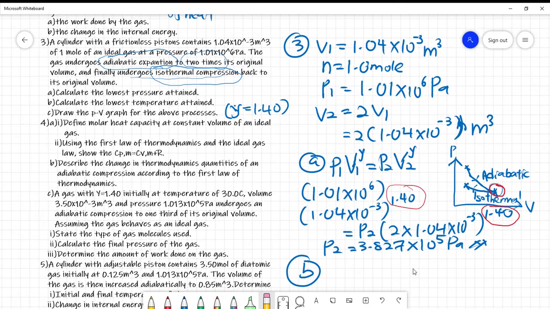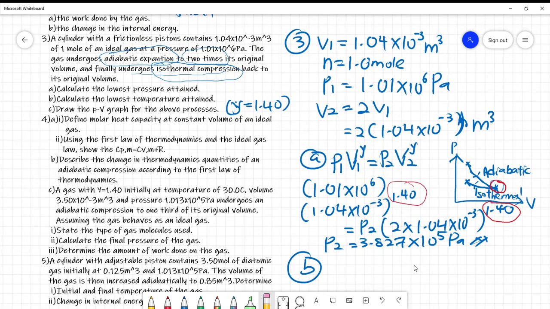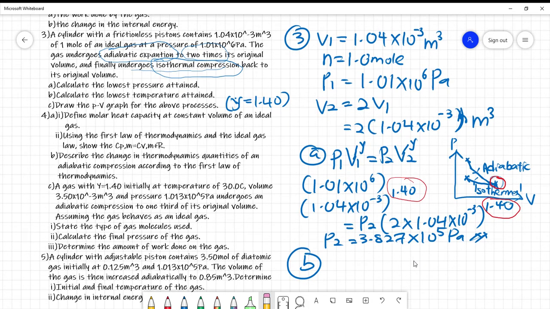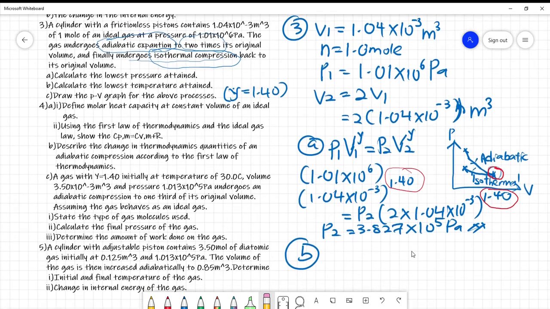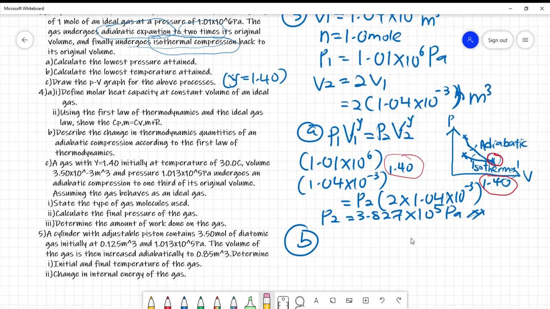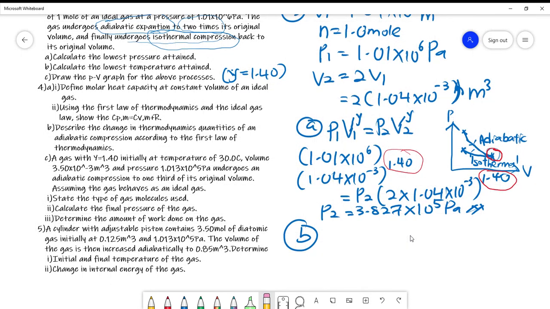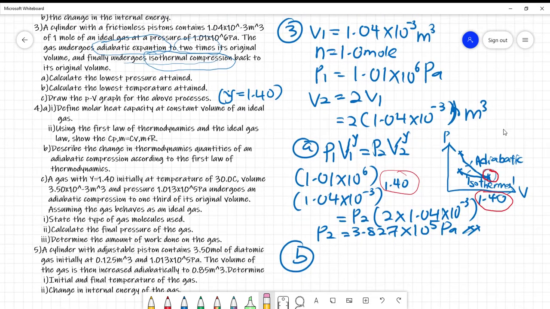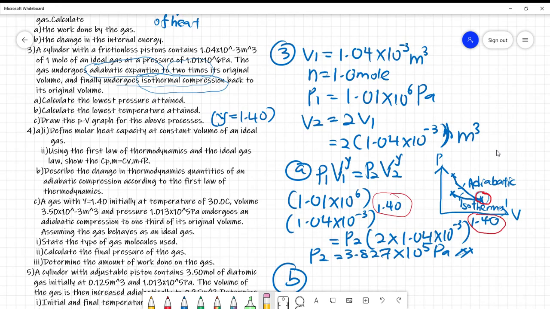Let me just observe. Is there any initial temperature given here?